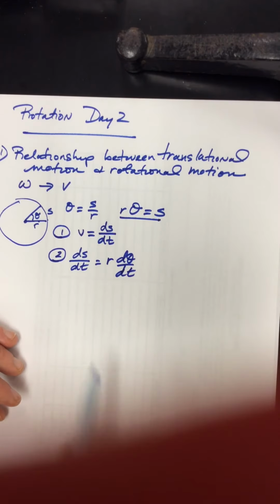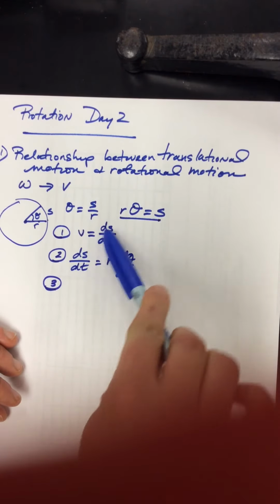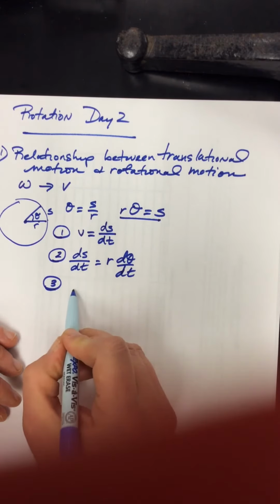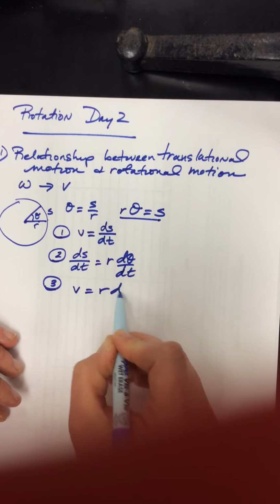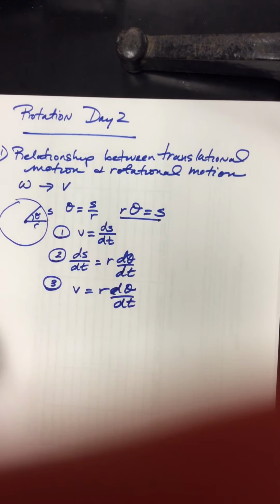Now look what I'm doing here. I'm getting ready to substitute. I don't know if you noticed that or not. So I have these two that are exactly the same. So I can say v equals r dθ/dt. It should look a little more like a d. I'm just substituting 1 and 2. They're equivalent to each other.